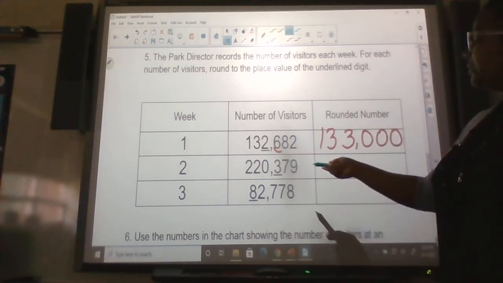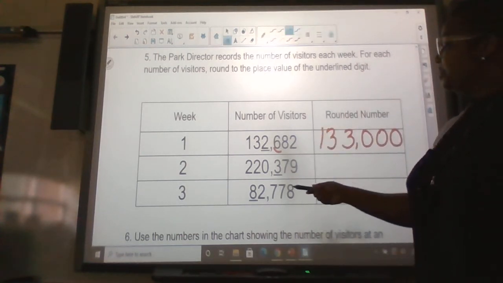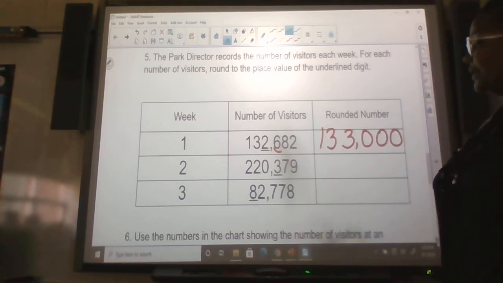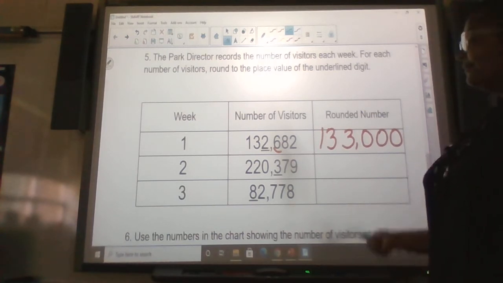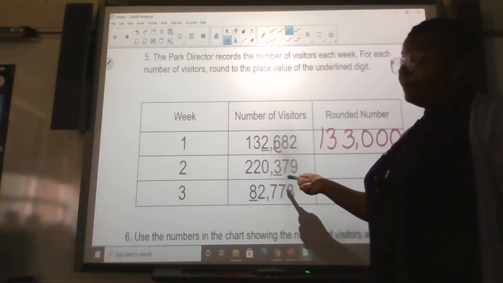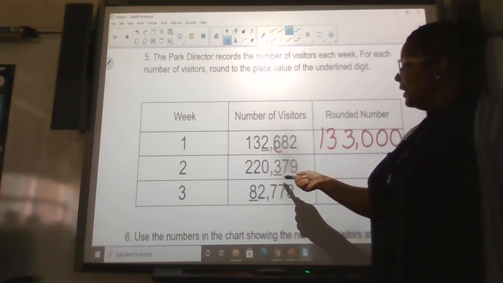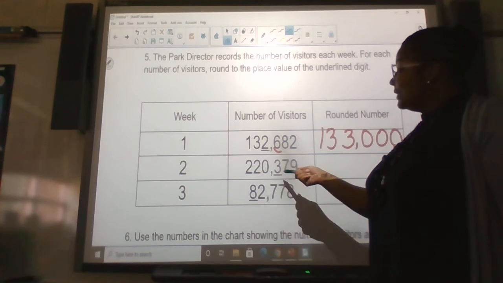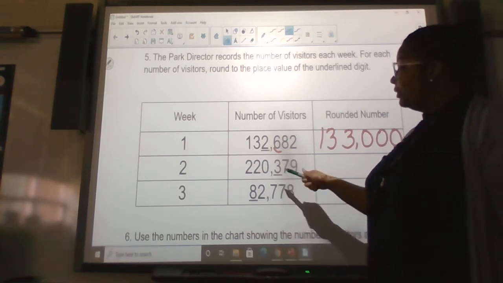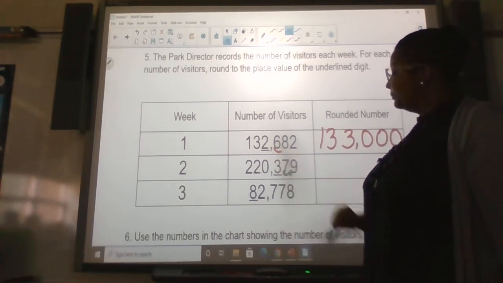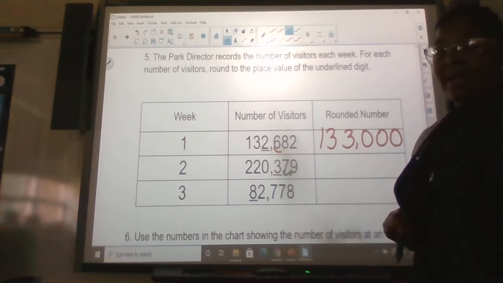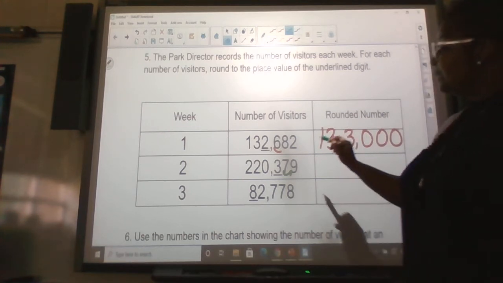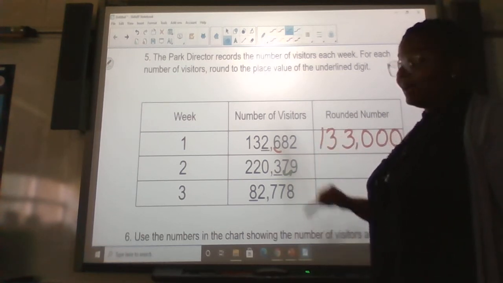With week 2, we had 220,369 visitors. And I am rounding to the hundreds place because this 3 is underlined and it's in the hundreds place. Once again, boys and girls, I will look to the right. And to the right, I have a 7. This 7 is greater than 5.